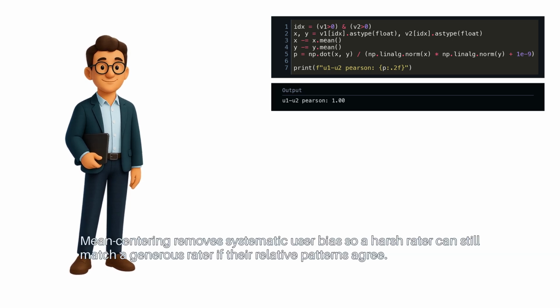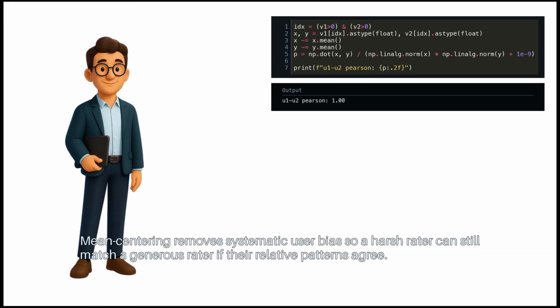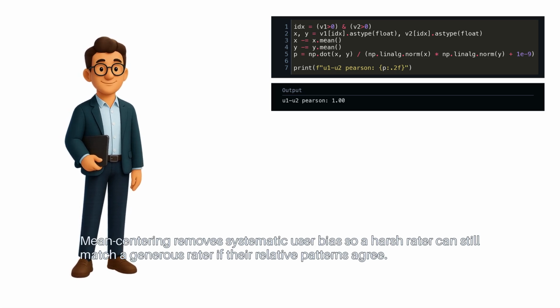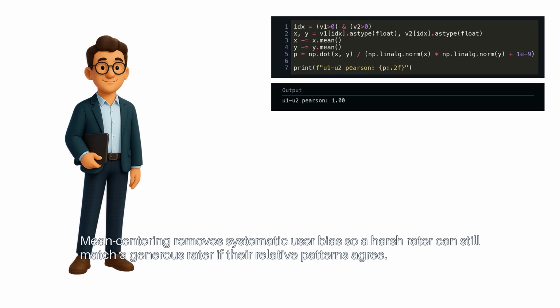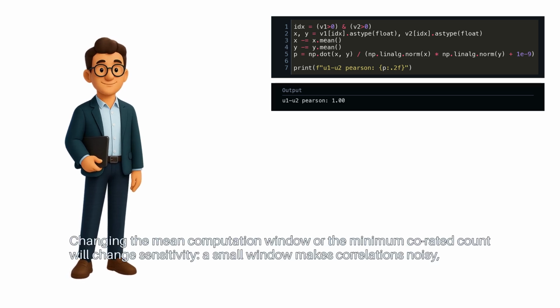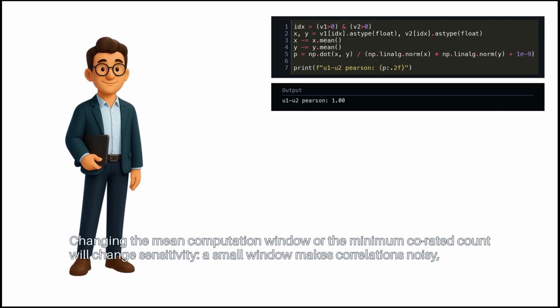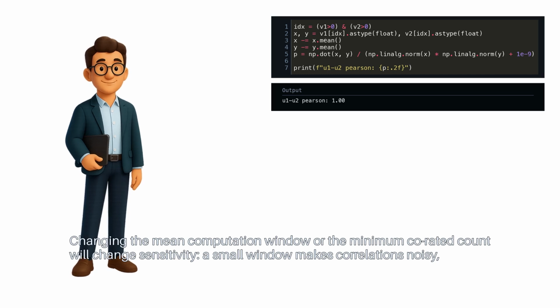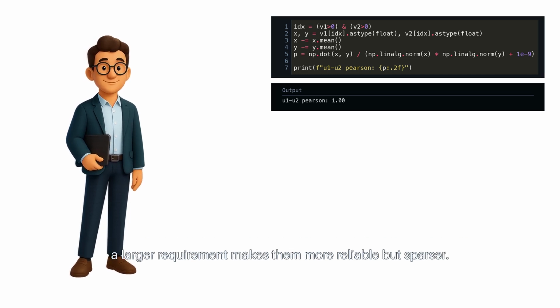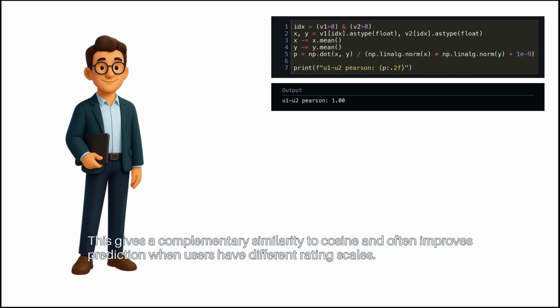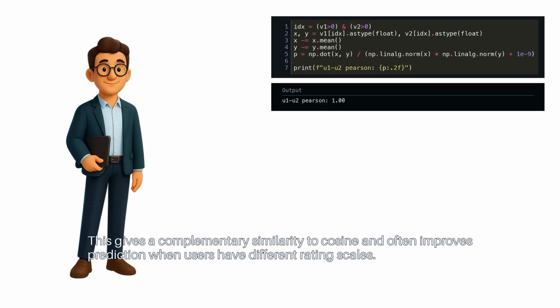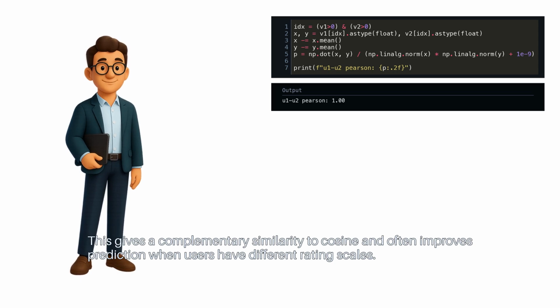Mean centering removes systematic user bias, so a harsh rater can still match a generous rater if their relative patterns agree. Changing the mean computation window, or the minimum co-rated count, will change sensitivity. A small window makes correlations noisy. A larger requirement makes them more reliable but sparser. This gives a complementary similarity to cosine, and often improves prediction when users have different rating scales.